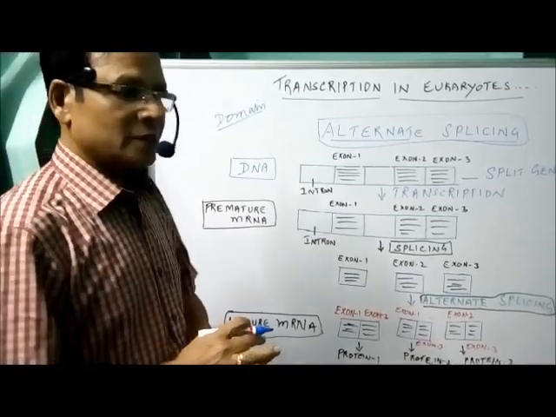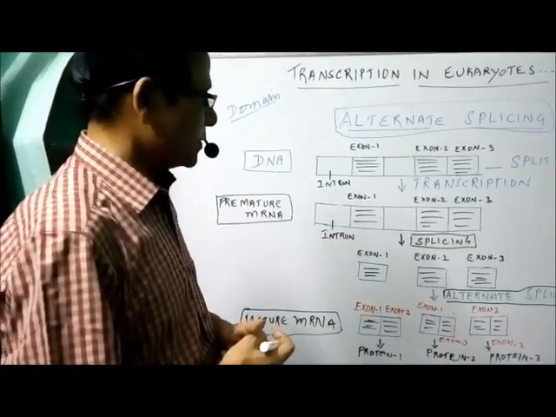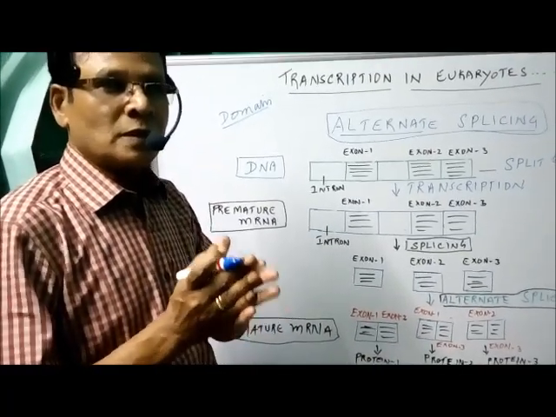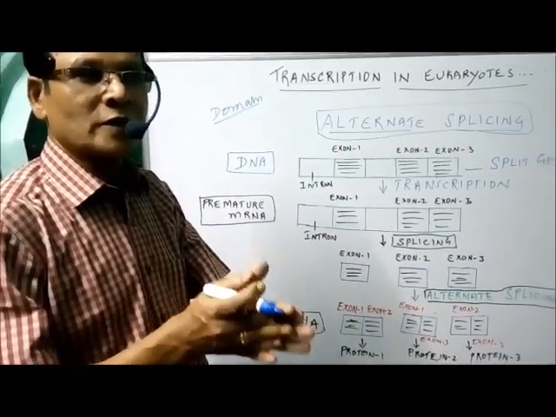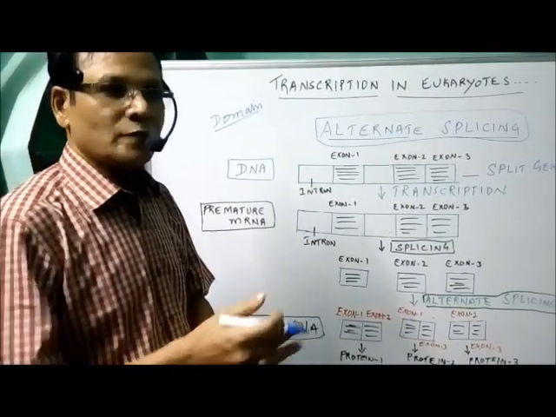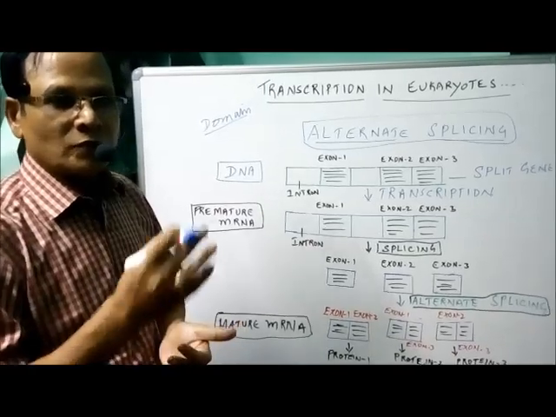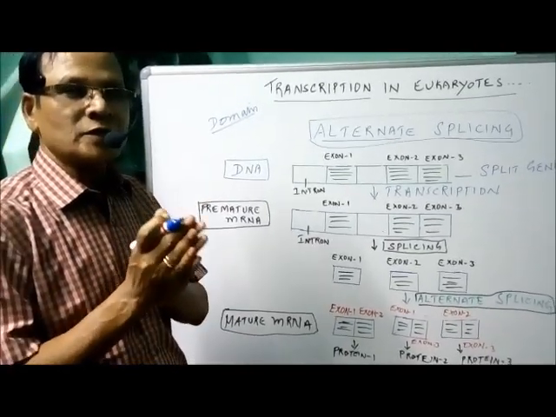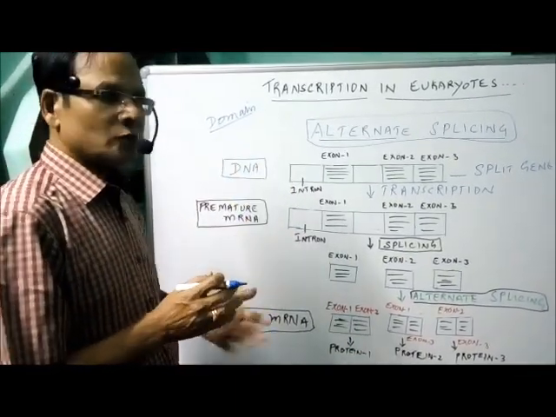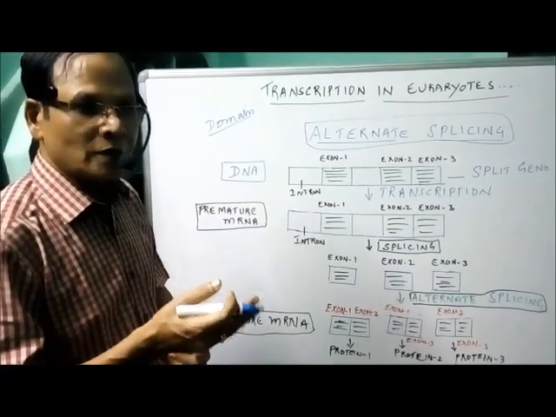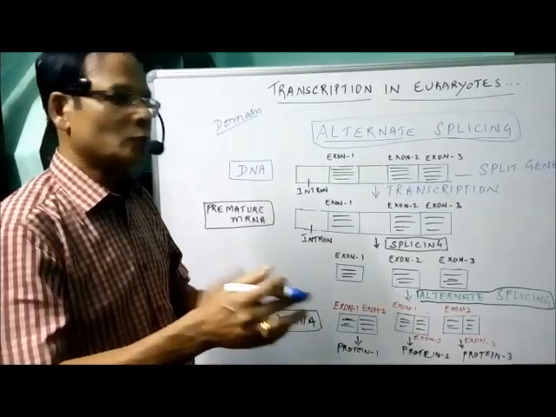Now a question arises. The introns would have arisen either before or after the evolution of eukaryotic genes.